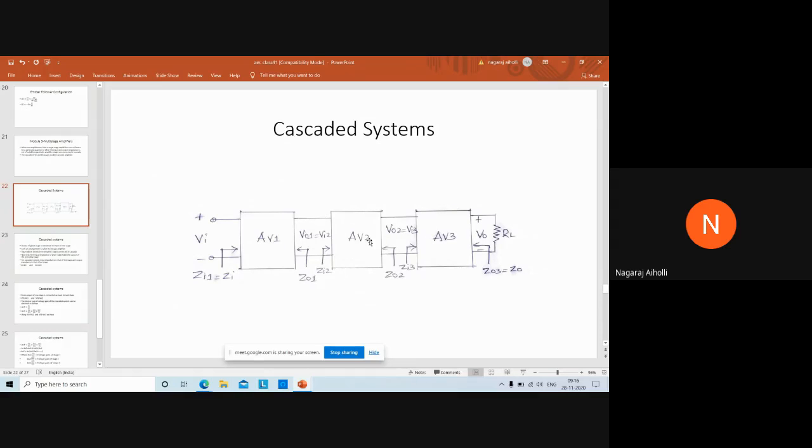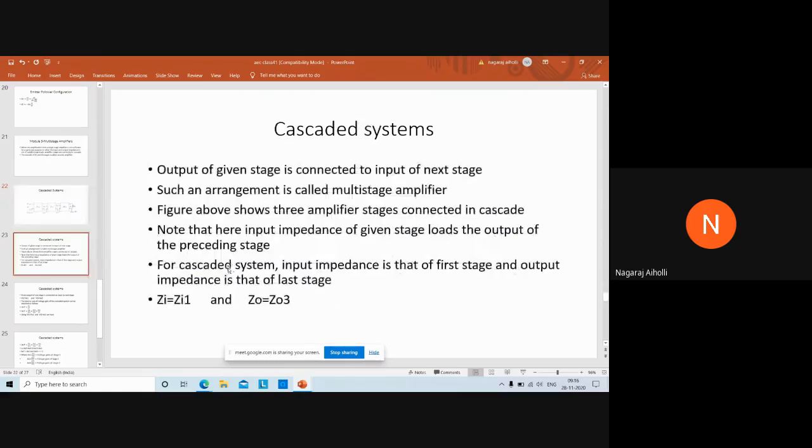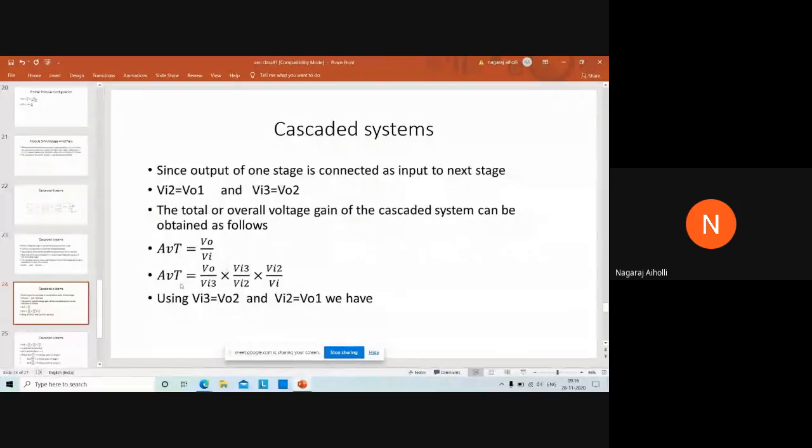We are expressing the intermediate stages in terms of the input voltages. First is V0 upon Vi3, then Vi3 upon Vi2, that is the gain of the second stage. Then the gain of the first stage is Vi2 by Vi. We are multiplying these. The total overall voltage gain is V0 by Vi3 into Vi3 by Vi2 into Vi2 by Vi.